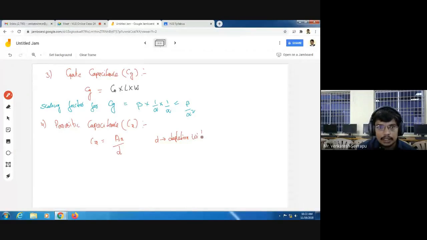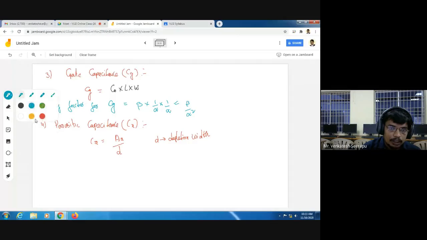Now tell me the scaling factor for Cx. Any one of you tell me the scaling factor for Cx. What may be the scaling factor for Cx?